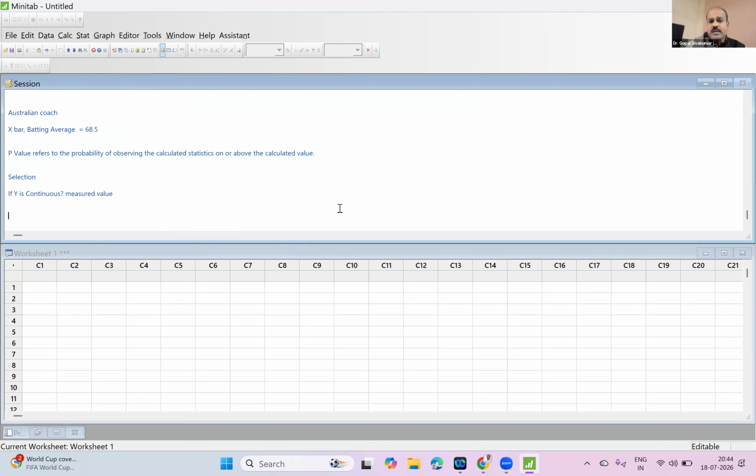So now, whatever the X variable, let's say the Y variable is turnaround time of a process, which is a measured variable.